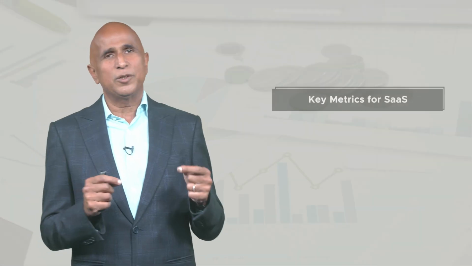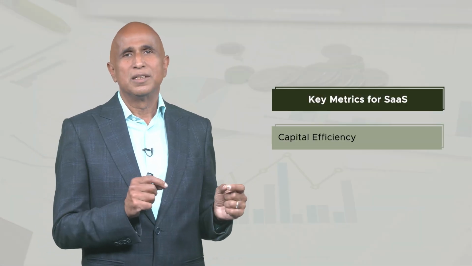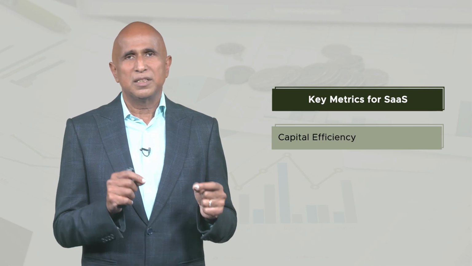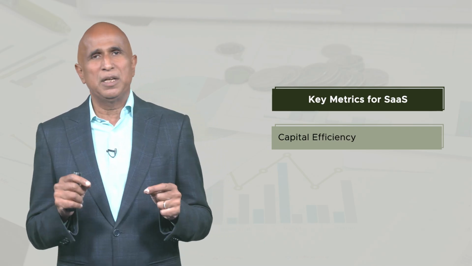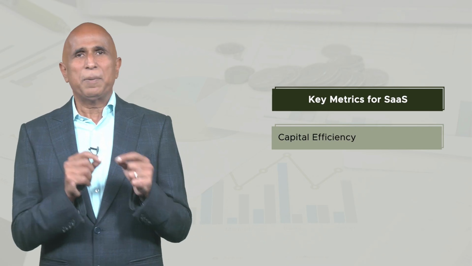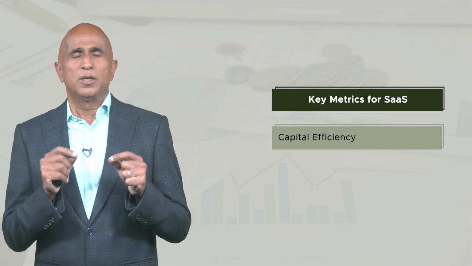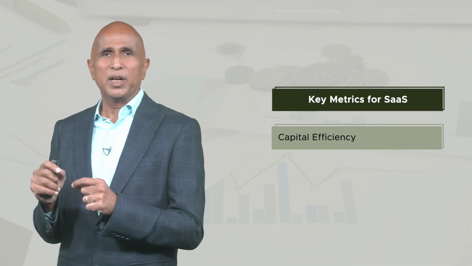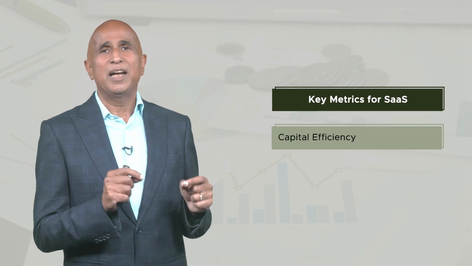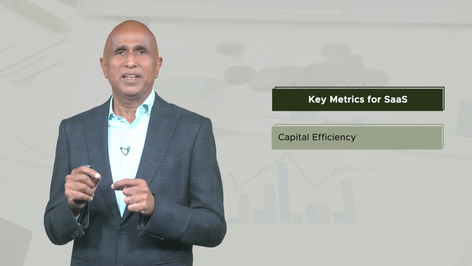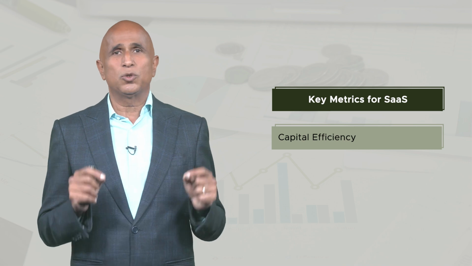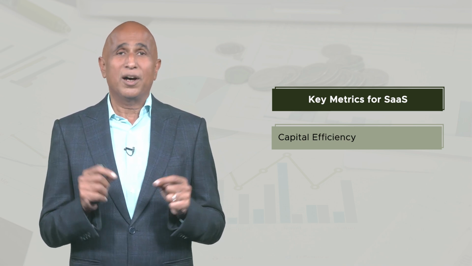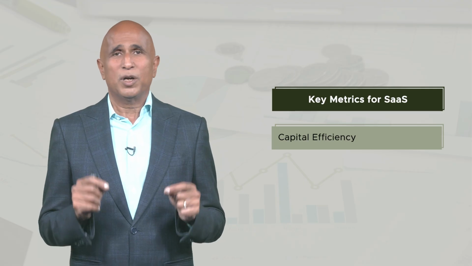Another metric related to it is capital efficiency. You would obviously be running marketing campaigns and paying salespeople to sell. So capital efficiency refers to total cash burned in terms of sales and operations and overhead divided by the annual revenue run rate. The closer it is to 1, the better it is, or ideally below 1. What does that mean?